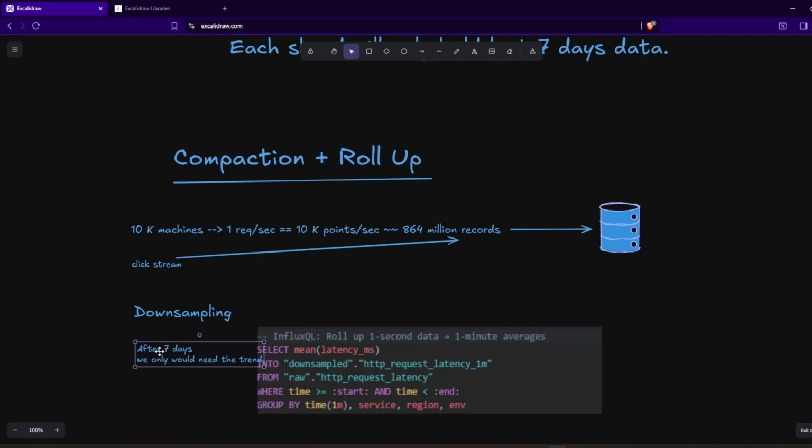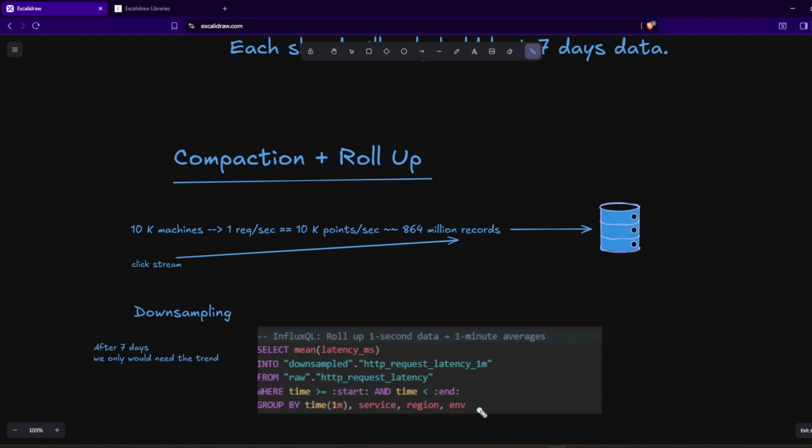This is an important part, guys. Here you see there is a given start and end time. It can be a certain time range of the last 7 days, or we can do something like a datetime minus 7. And in that time, we keep on grouping it by 1 minute, and the service, region, and environment, and whatnot.